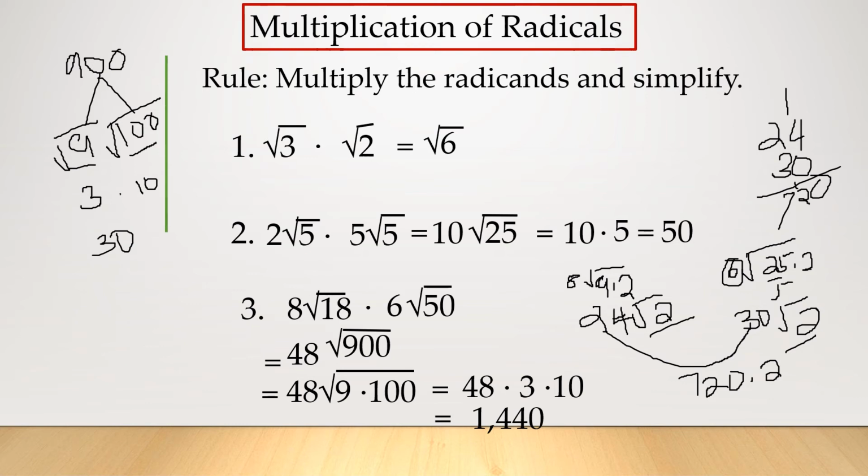So 720 times 2, that is equal to 1,440. So that's the other way on how you're going to multiply this. Sometimes this one is better because you notice the number here will not get bigger. If it's not a perfect square, you need to go back to doing prime factorization.